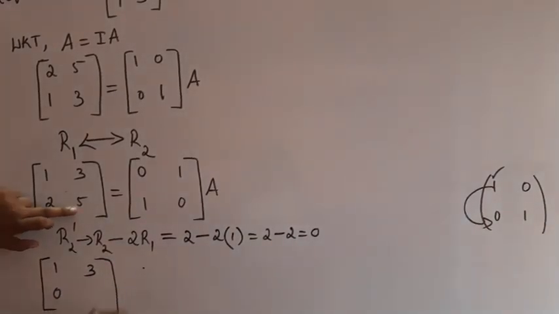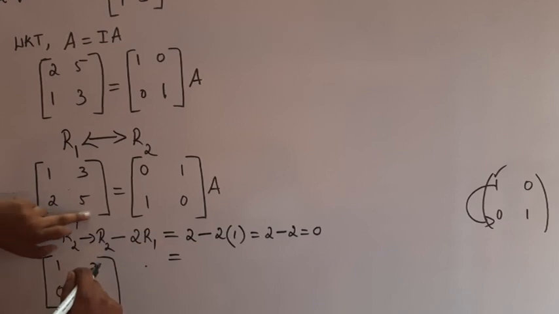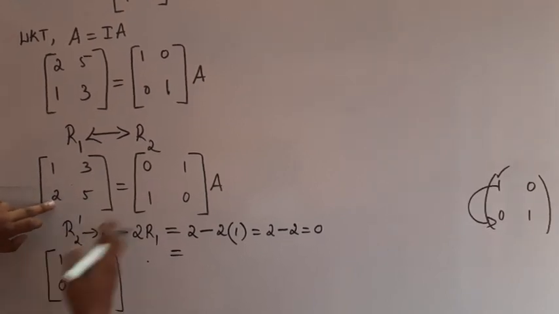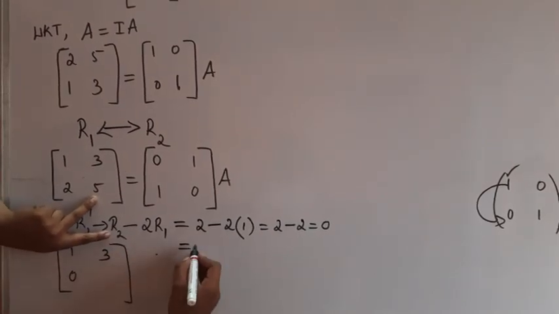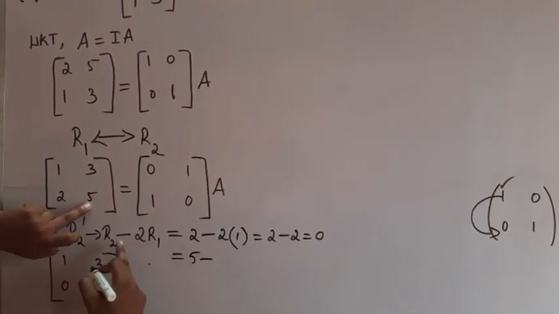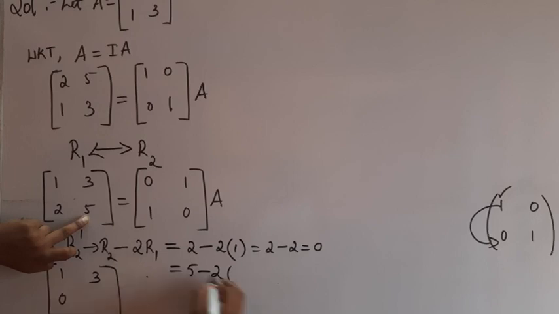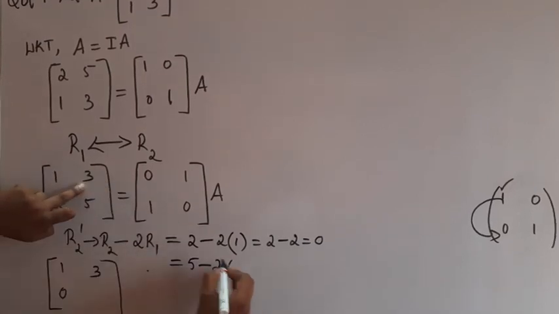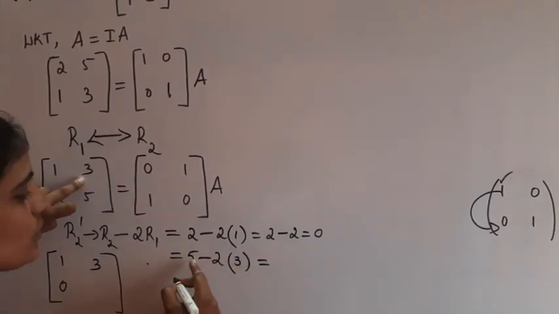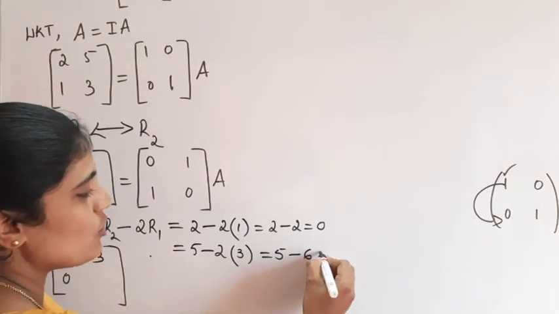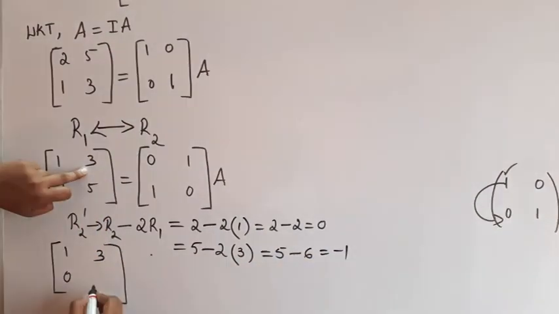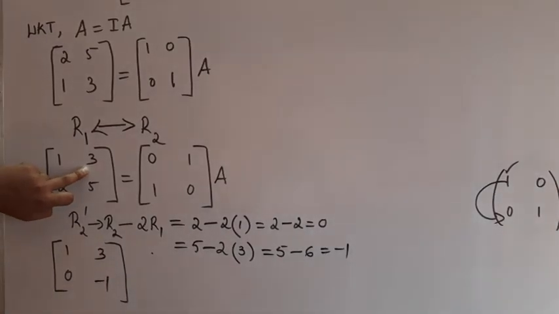So we have applied for the first element. Now we are moving to the second element. Instead of R2 here we have 5 minus 2 into R1, that corresponding R1 is 3, which is equal to 5 minus 2 3s are 6. What is 5 minus 6? We get minus 1.